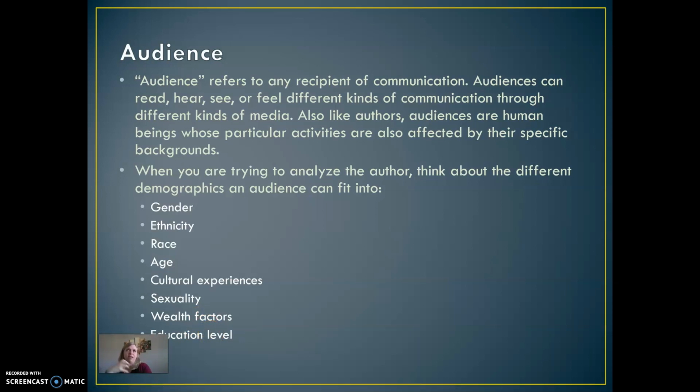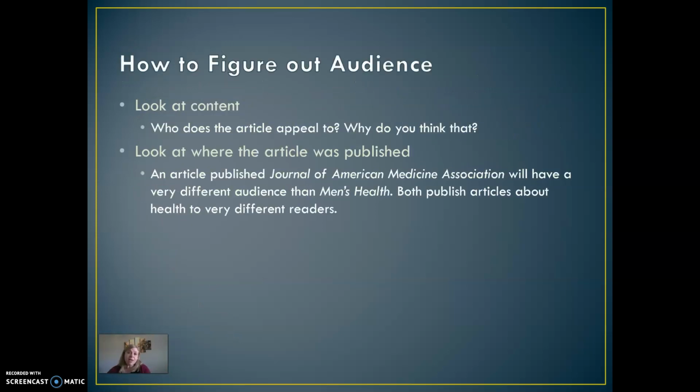So I think about that and I'm like, not everything can actually be used to analyze, but there are usually lots of things. And so there are different ways that you can find who their audience is in their article. For me, I look at content and I say, if I have this article about vegan eating, I'm probably not going to aim it toward my 70-year-old mom who just doesn't really care about her diet at all.